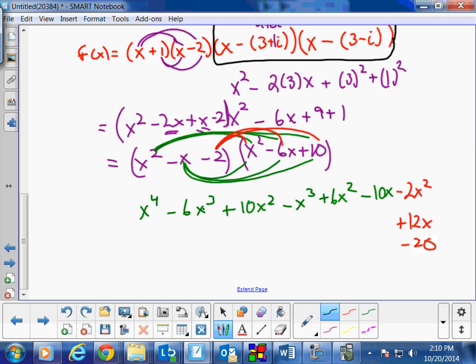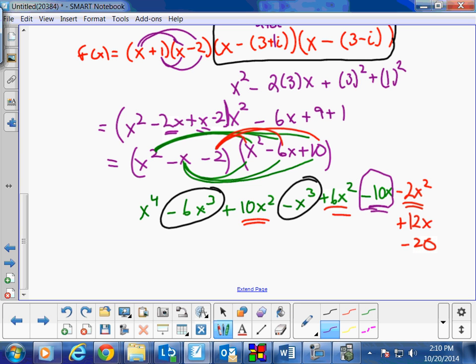So x to the fourth is the only one of its kind. I do have x cubed terms. I'm going to be changing colors because I just want to make sure I don't get confused. I have squared terms, and then as far as x's, I have 2 x terms. I want to box these. And then numbers, I only have one number, which means that when I add all these together, my answer would be x to the fourth minus 7x cubed.